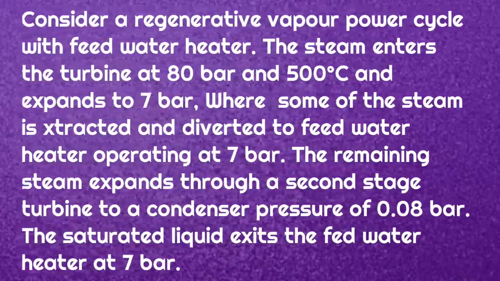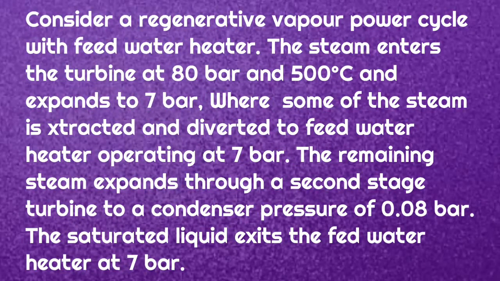We will solve one question. Consider a regenerative vapor power cycle with a feed water heater. The steam enters the first stage turbine at 80 bar, 500 degrees Celsius and expands to 7 bar, where some of the steam is extracted and diverted to the feed water heater operating at 7 bar.